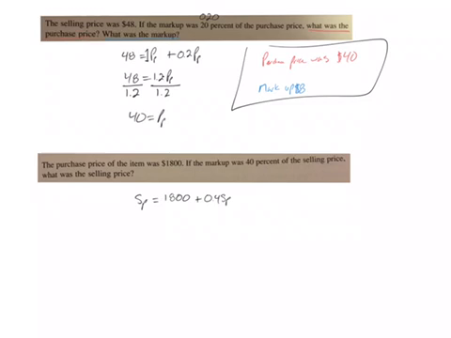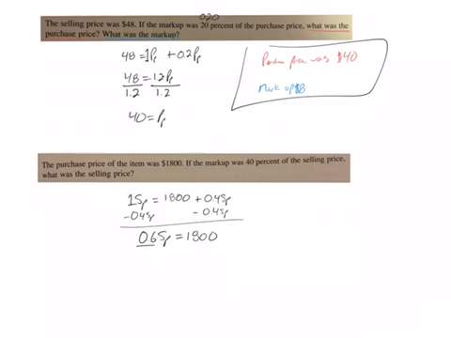So let's get all of our selling prices together. So I'm going to subtract 0.4 selling prices from both sides. So this is 1 selling price minus 0.4 selling prices. It's going to give me 0.6 selling prices, which is equal to 1,800.